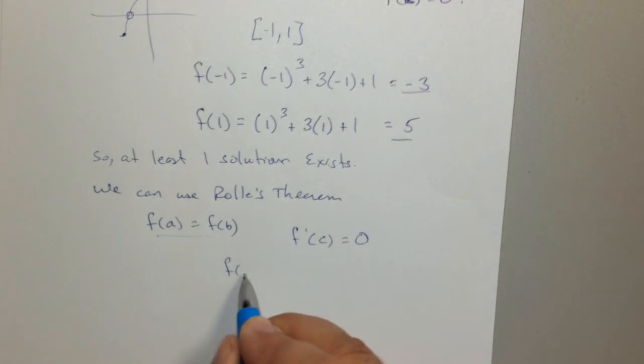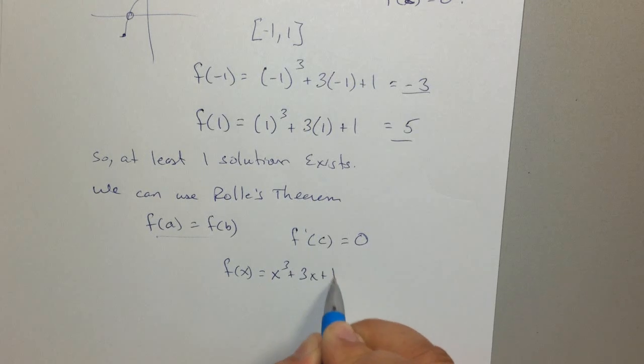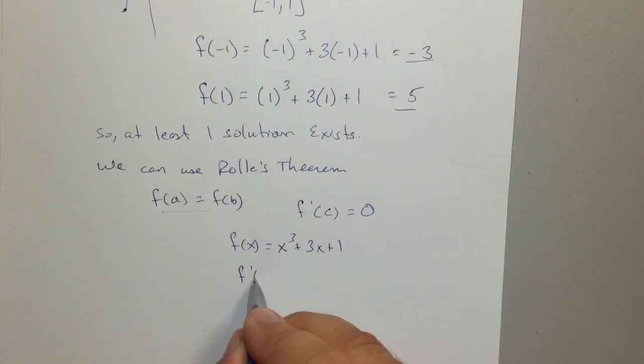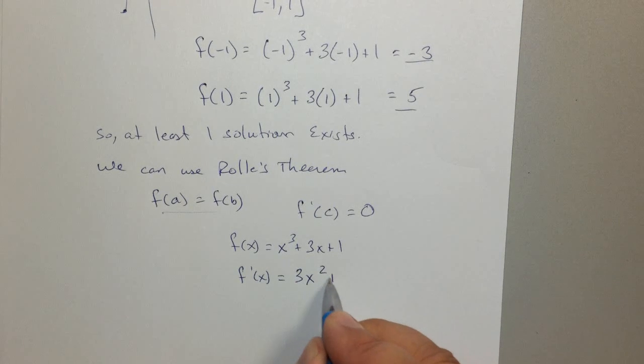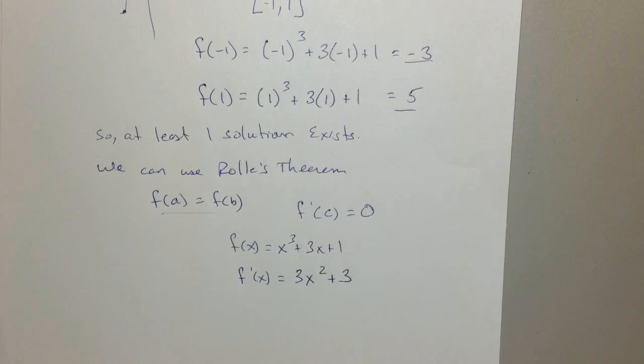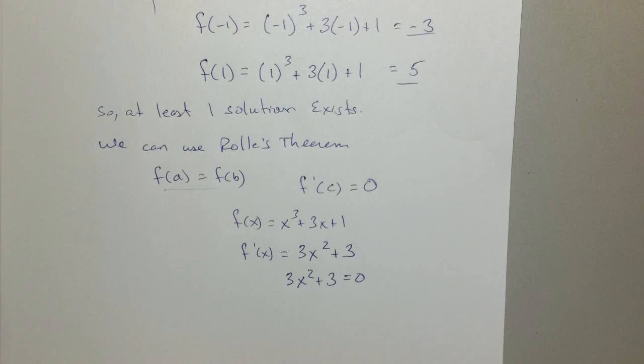So let's look at the function. What's the derivative going to give us? 3x squared plus 3. Set that equal to 0. Solve for x. What do we get?